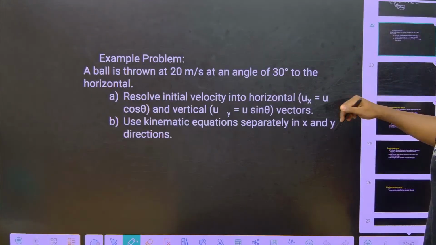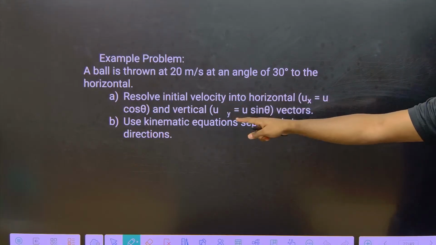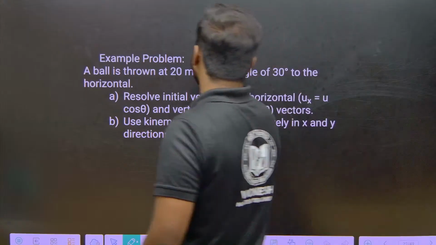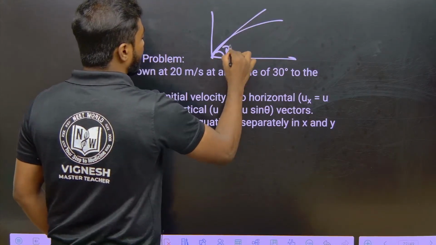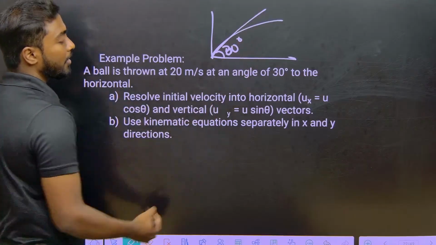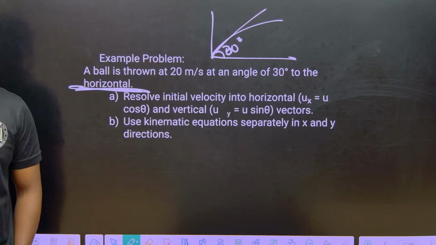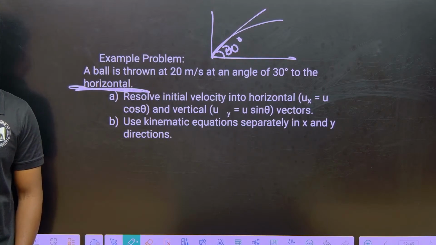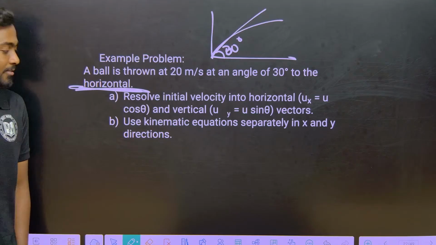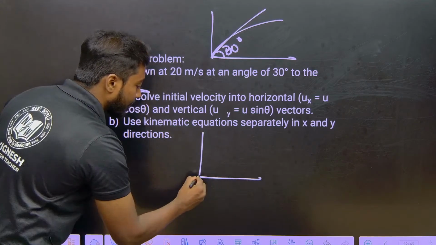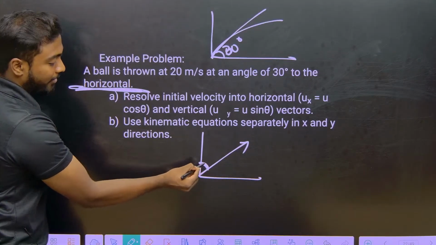A ball is thrown at 20 meter per second at an angle of 30 degree to the horizontal. To the horizontal, in the sense, this is my x axis, 30 degree. If they are saying with respect to vertical, what will be the angle? 60. With vertical, in the sense, I am throwing an object, with respect to the y axis I should take.